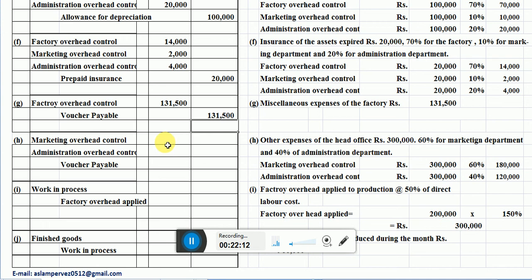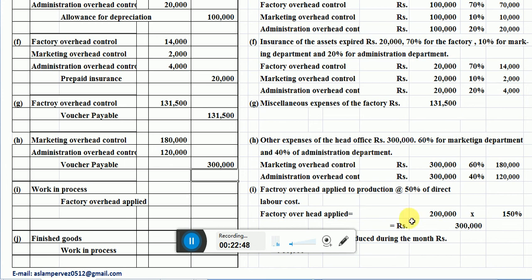Now we have to charge 1,80,000 rupees as marketing overhead control and 1,20,000 rupees as administration overhead control against the voucher payable, because this is the cash paid expense. The 3 lakh rupees is an expense belonging to the head office, which is distributed in the ratio of 60% and 40% against the marketing department and the administration department here.